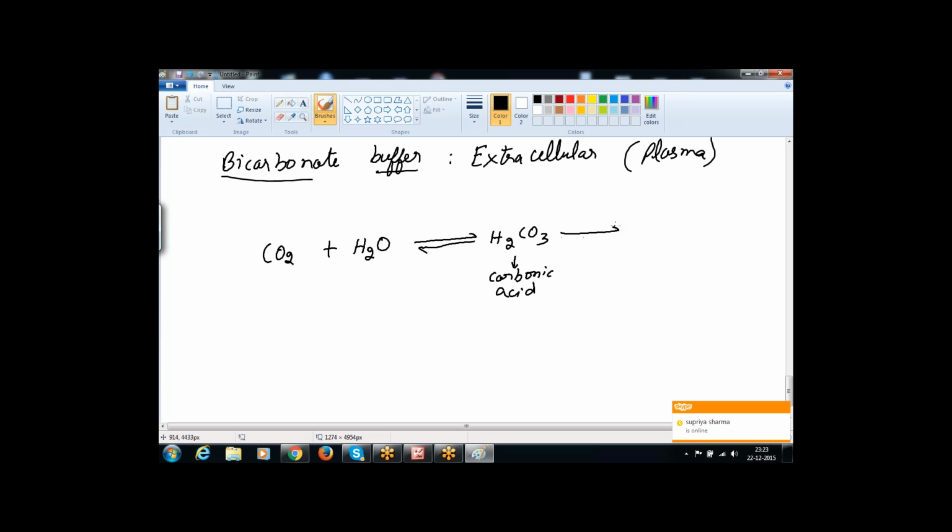So this will further ionize to form H positive, two H positives because it is H2 plus CO3 2 negative. So CO3 2 negative is the conjugate base of carbonic acid. I told you a negative ion produced from an acid is called its conjugate base.